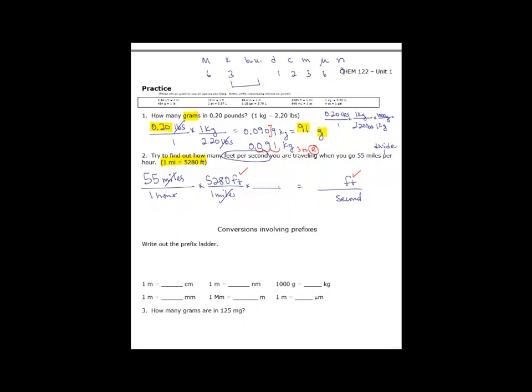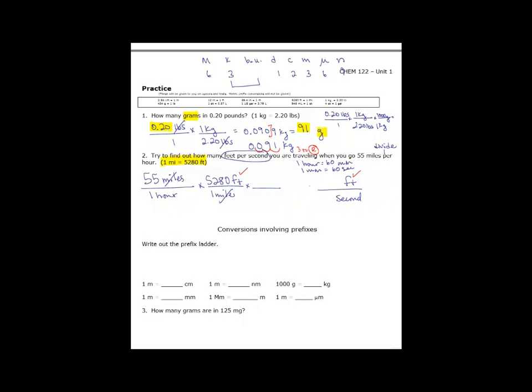So look at these conversion factors up here. I don't have any, but in 1 hour there are how many minutes? 1 hour is 60 minutes. And then 1 minute is 60 seconds.